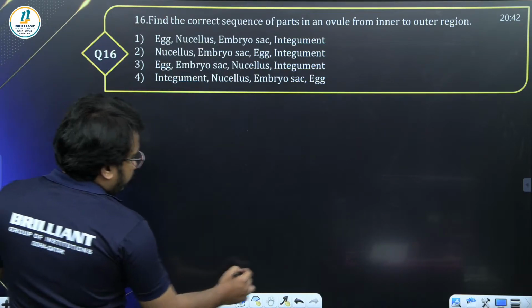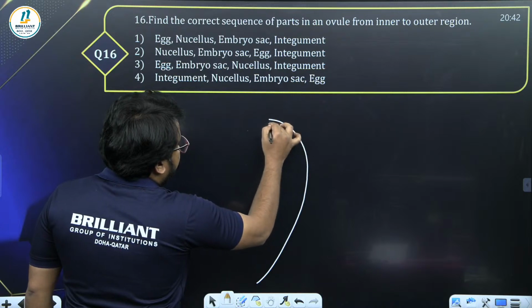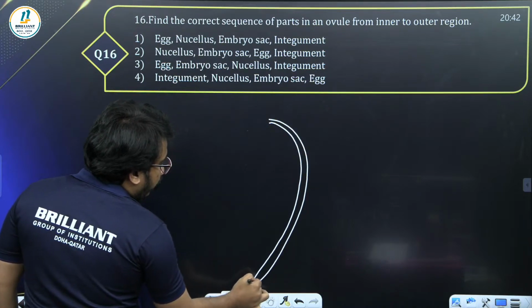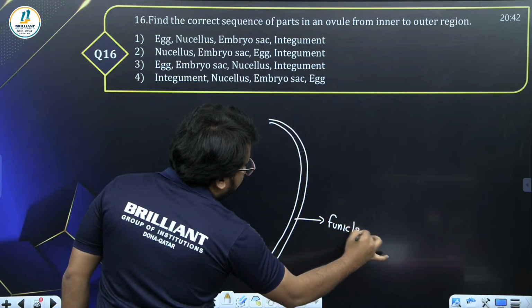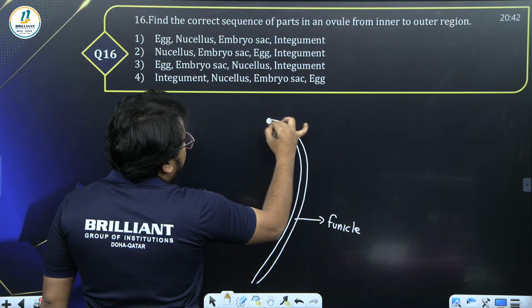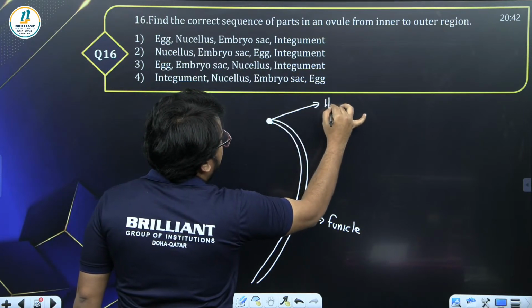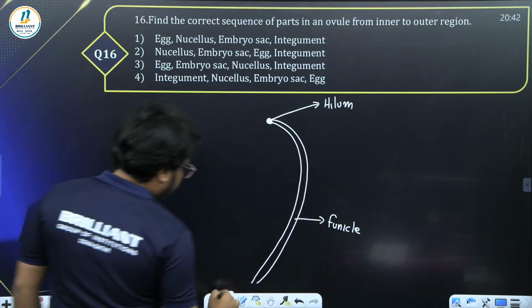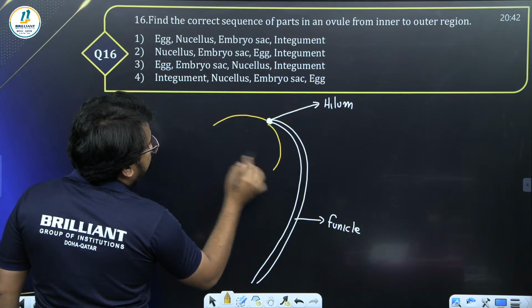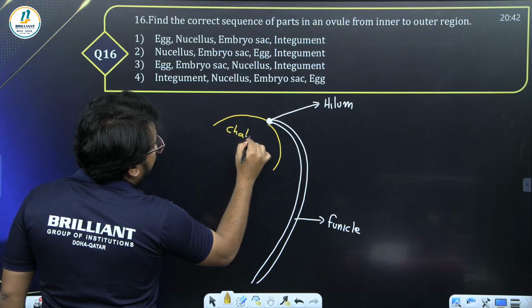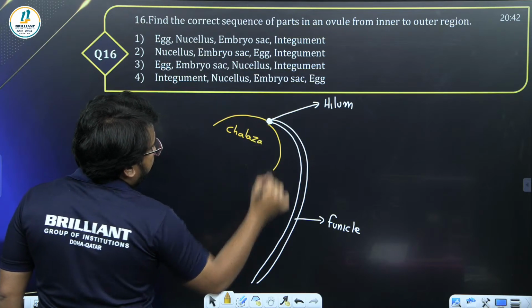If I take the structure of a typical ovule, there is a stalk-like portion in the ovule. That stalk-like portion is called the funicle. The point of attachment is called the hilum. Then the base portion of the ovule coming here is called the chalaza.